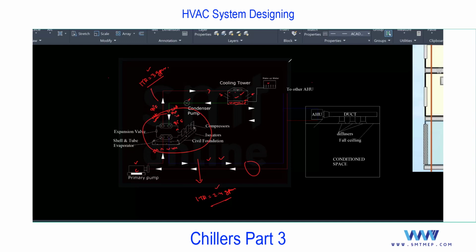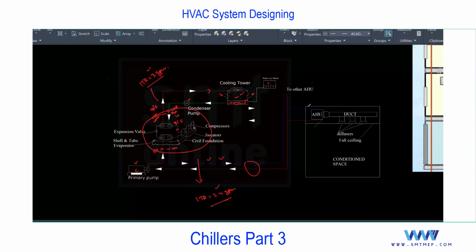Because water remains water only in the entire circuit. But refrigerant changes phase from gas to liquid and liquid to gas, and compression is required. And compared to compression, circulation requires less energy. Circulating water requires less energy compared with the compression of refrigerant. This is also one point, but we have other points also to discuss.